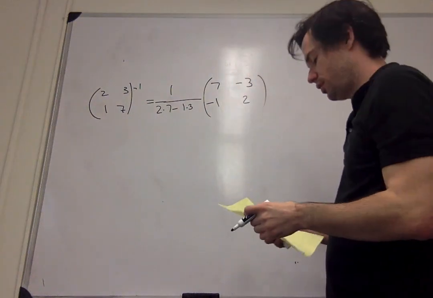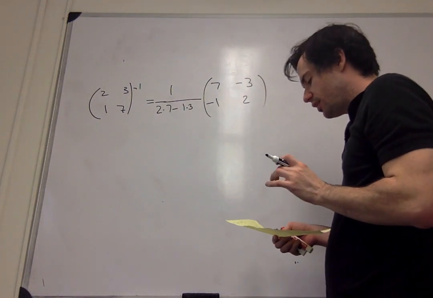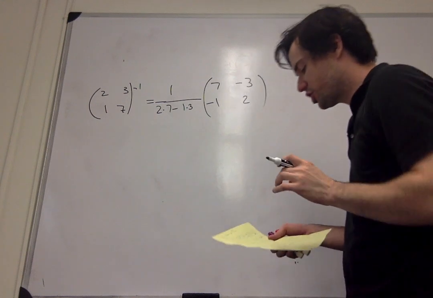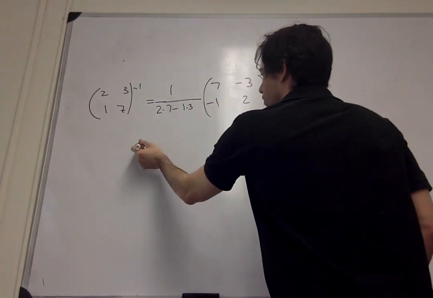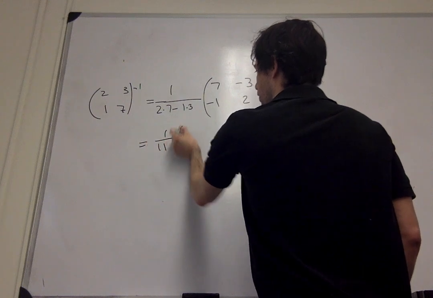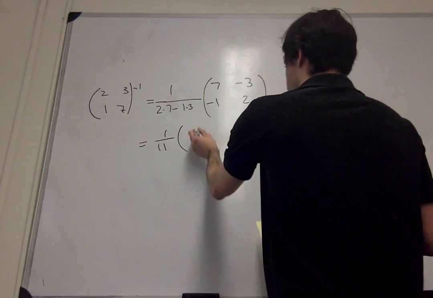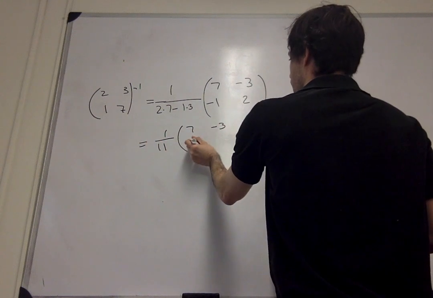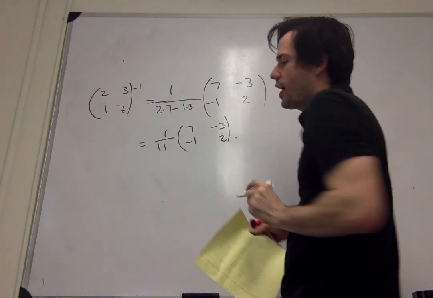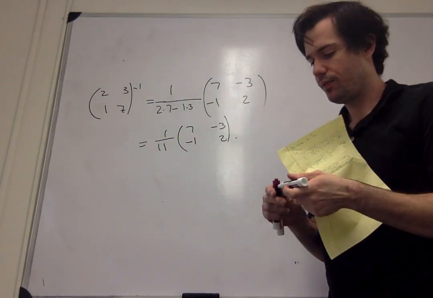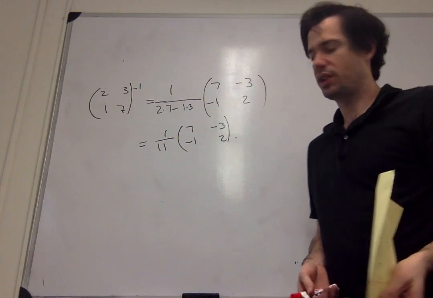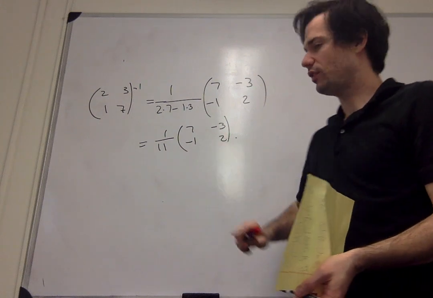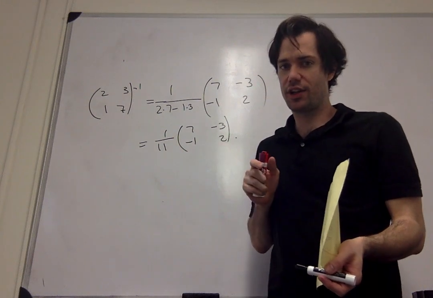Okay? Now, there's a catch, right? So let me simplify this a little further. Right, so here's the deal. We're working in mod 26. So we don't have negative numbers and we certainly don't have fractions.